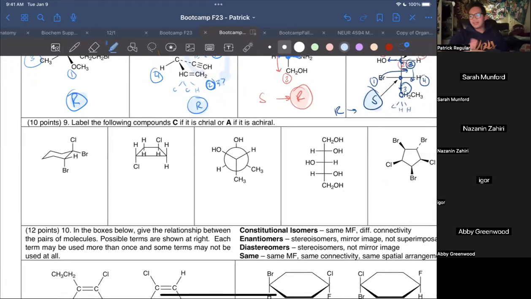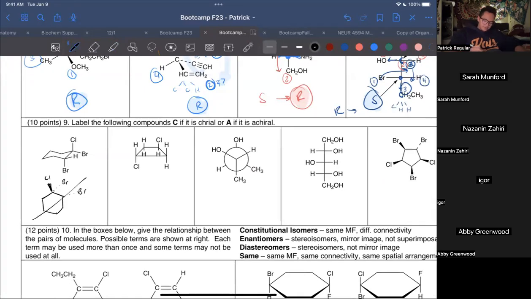Chiral versus achiral. They just hate you, don't they? Okay. Chiral versus achiral. Let's draw it out. Is this symmetrical?